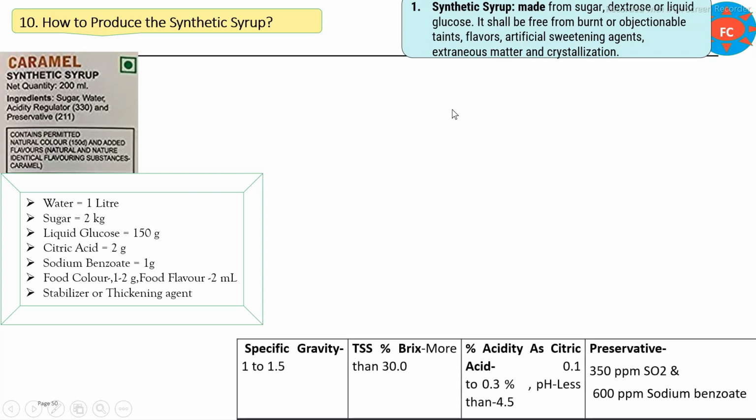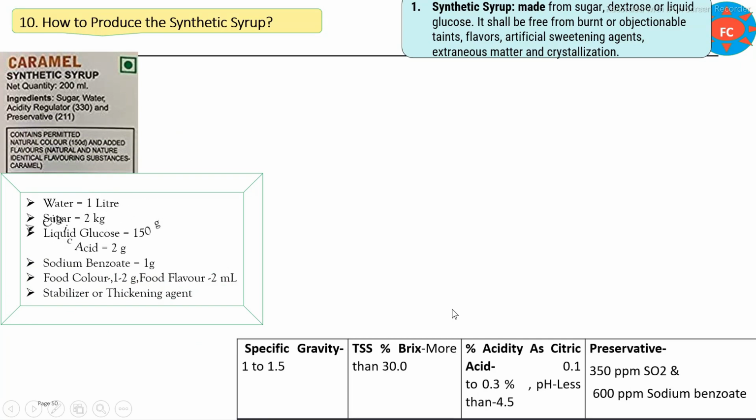The standardization or specification requirements are brix minimum 30 brix, acidity in the range of 0.1 to 3%, and it may be added with other additives like preservatives, coloring, and flavoring substances.